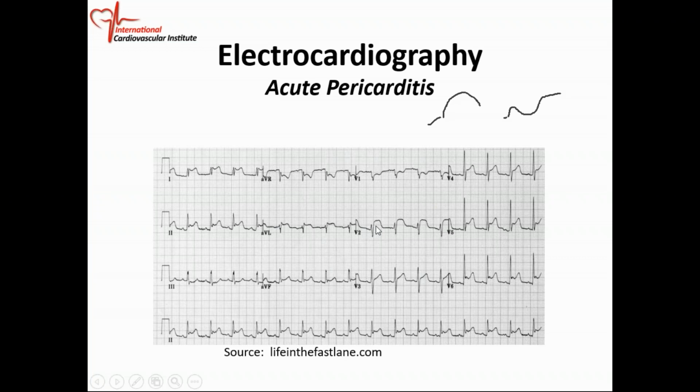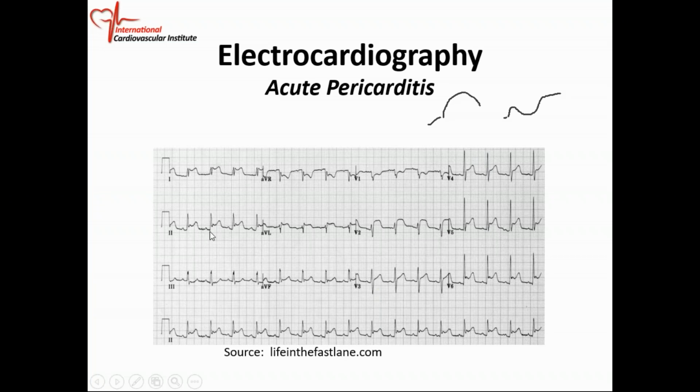You can see that the ST segment is elevated, but looking at it, it's concave. There's a little concavity there. You see, it sort of dips in. Okay, you see this one? It dips in.